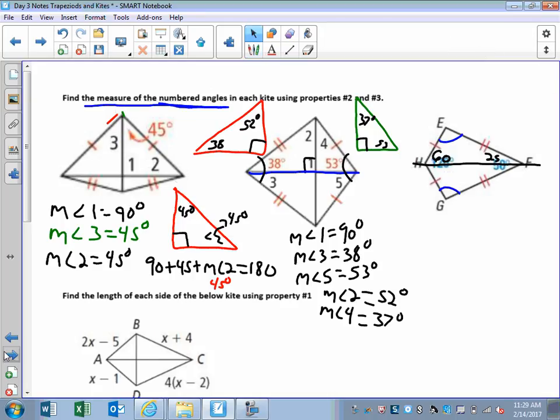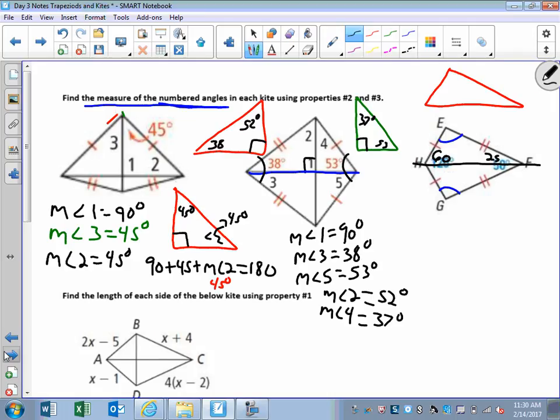Okay. Now, we cut a kite in half. We get a triangle. We can move this triangle. Copy the numbers. We got 60 and 25, which is 85. Now, the only thing that will work for angle E is 180 minus 85, that would be 95.